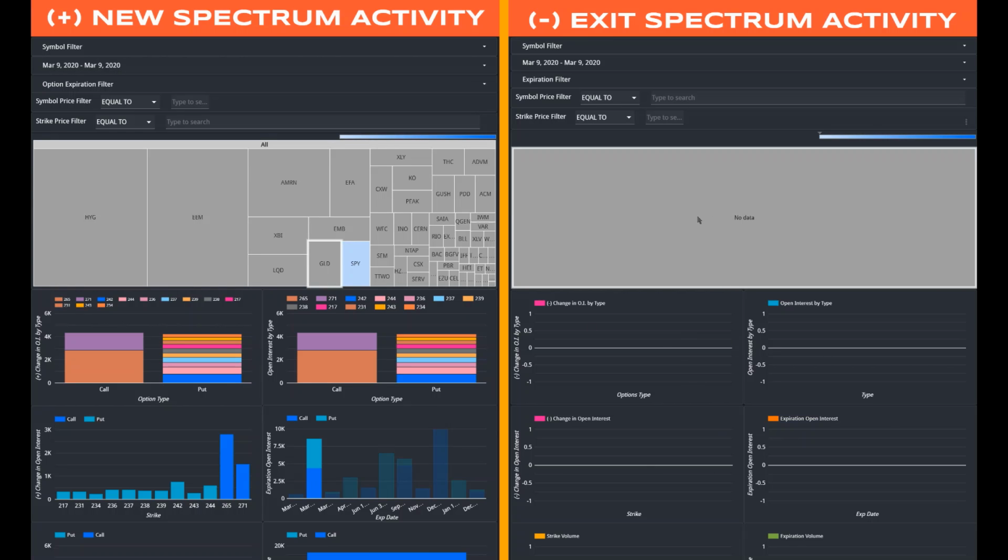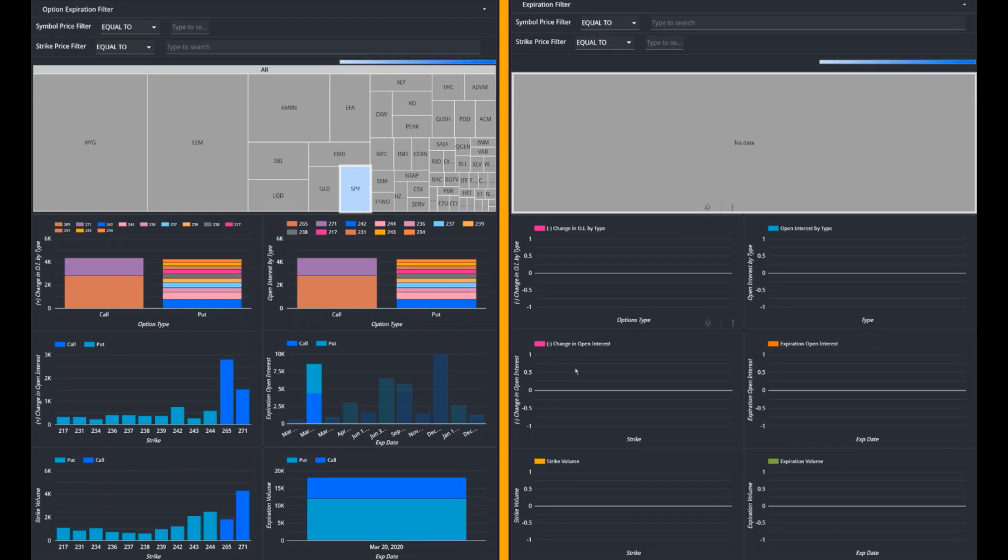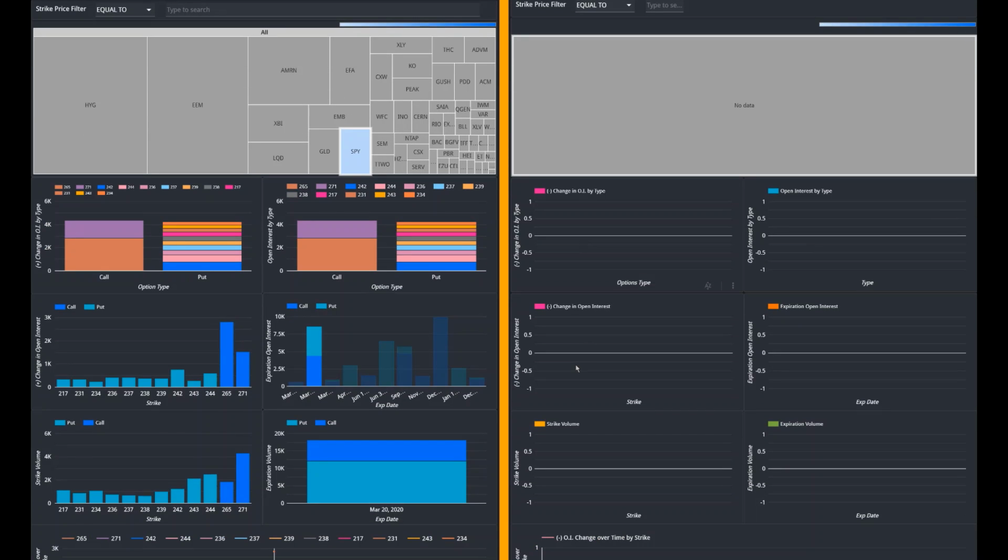Usually there are orders, people getting out, people selling, taking profits. Today it looks like there aren't any profits being taken in EEM and the SPY. It's just people closing their trades, managing their orders, or managing their risk.